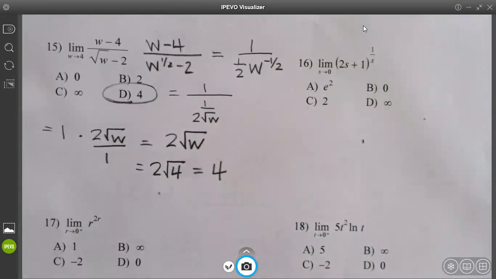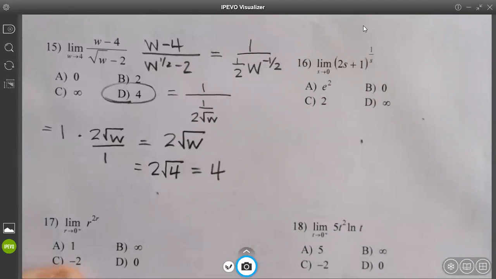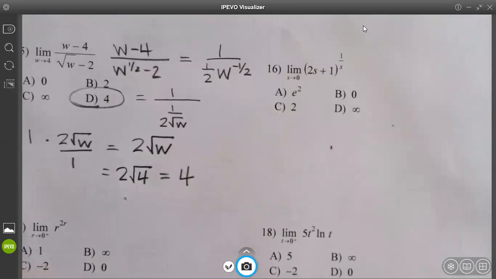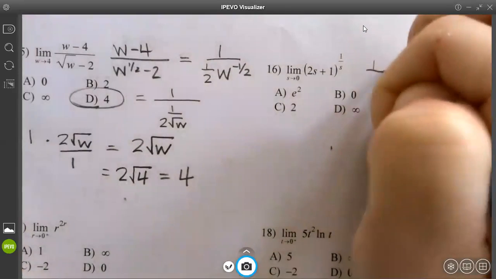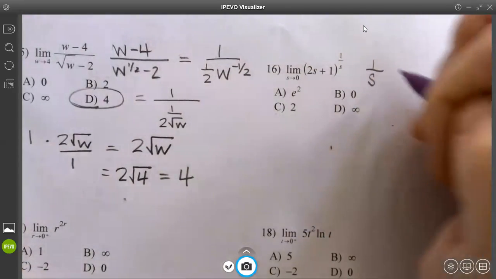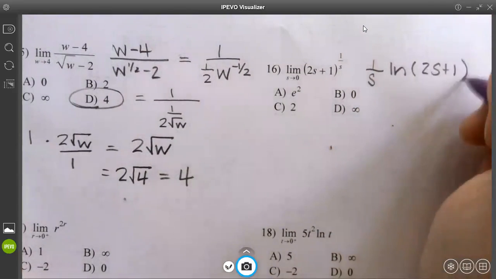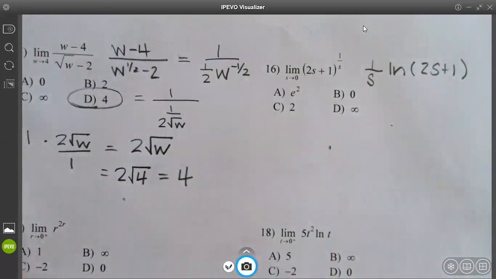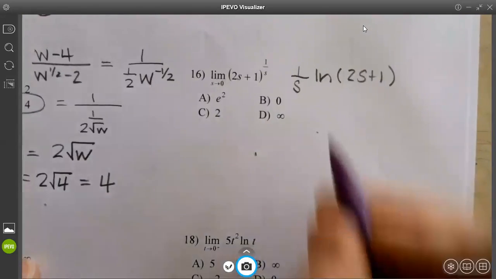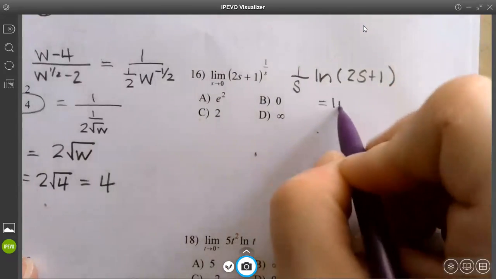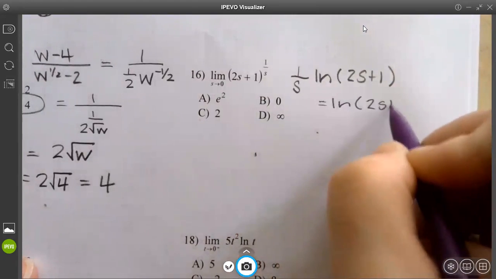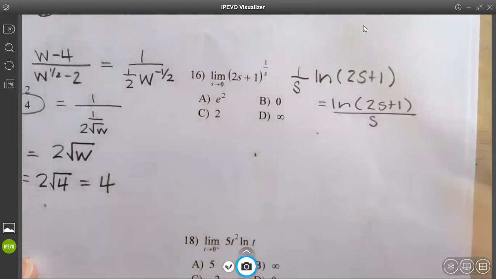All right, don't forget on these next 2 problems. I have a variable in the power, so I need to ln. I bring the variable power down, ln 2s plus 1. Good thing is it's already a fraction, so we just write the s on the bottom.